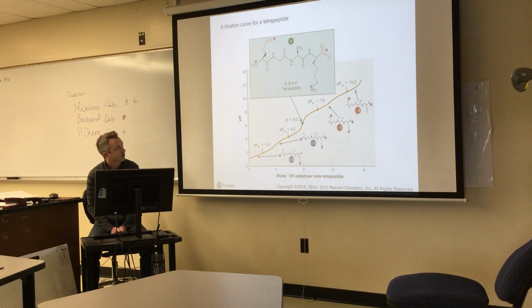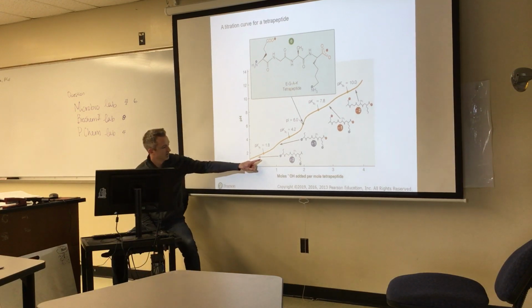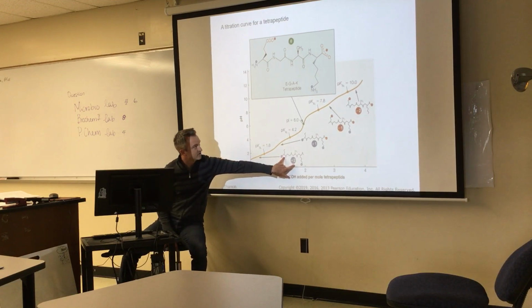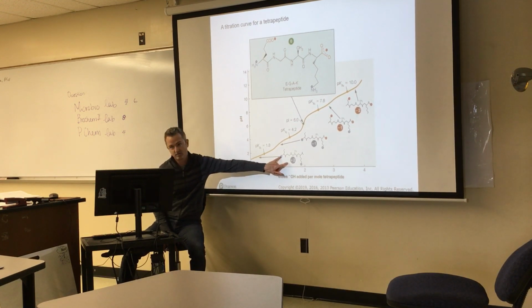Here's a titration curve for that tetrapeptide that we looked at earlier. Take a look at the pKa here. Look at this. There's that +2 charge that we talked about. And look, we're way low. So it's going to be really acidic for that to have that +2 charge.